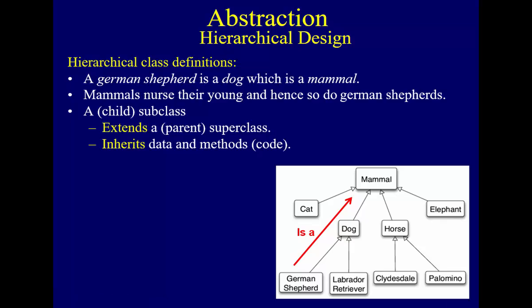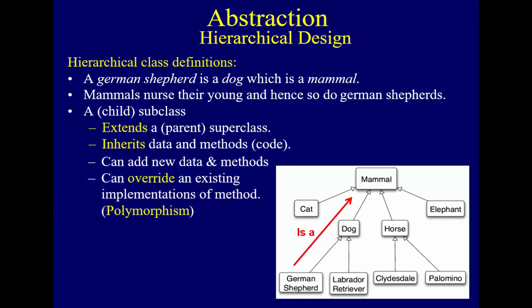So it inherits data, and it inherits methods, and we can add new data and new methods, and you can overwrite. The German Shepherd might overwrite the general way of doing something, and then the Labrador might do it slightly different. But the big concept is the same.